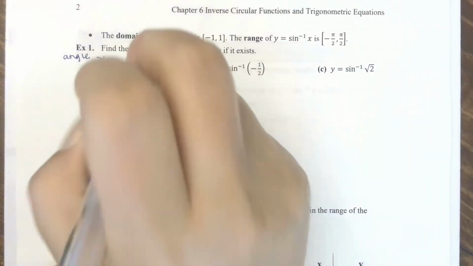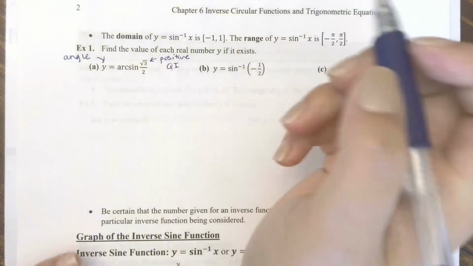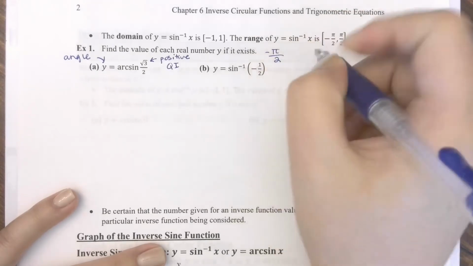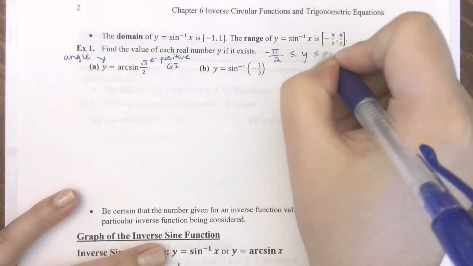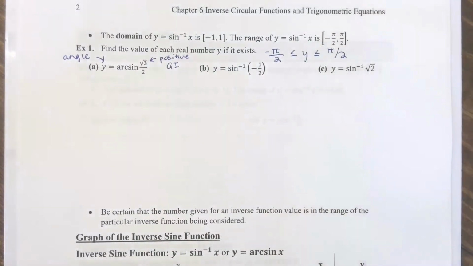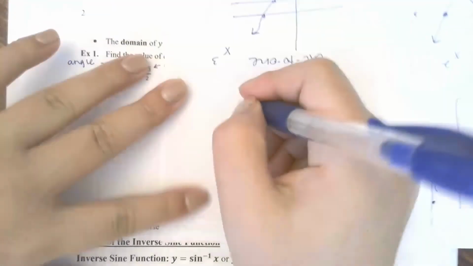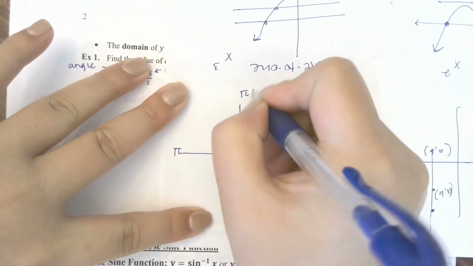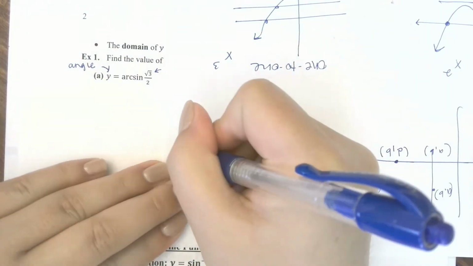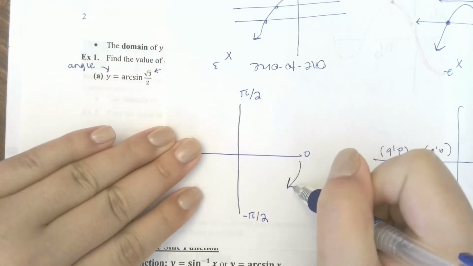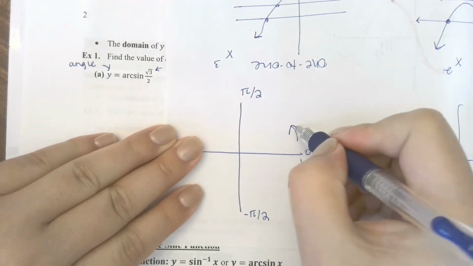The reason it is in quadrant 1, let me go back a step. Recall that y is between negative pi over 2 and pi over 2. If we were looking at a graph here, 0, pi, this is pi over 2, and here we can call this negative pi over 2. Going down would be negative, and going up would be positive.